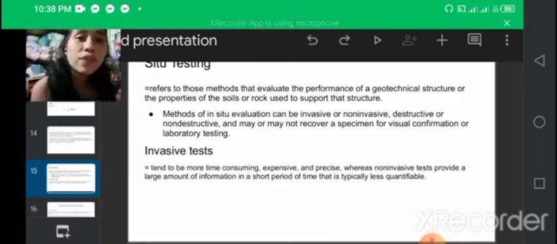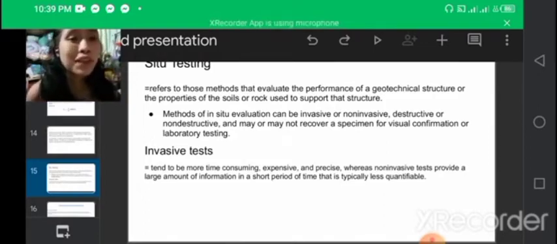Invasive tests tend to be more time consuming, expensive, and precise, whereas non-invasive tests provide a large amount of information in a short period of time that is typically less quantifiable.